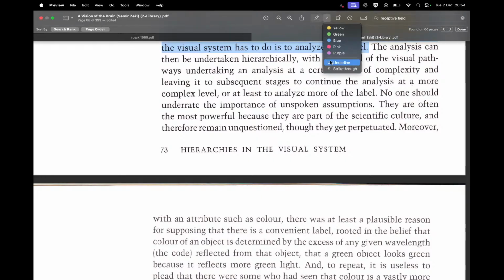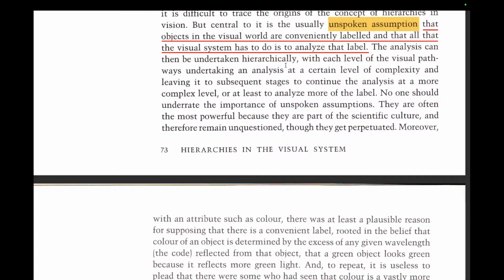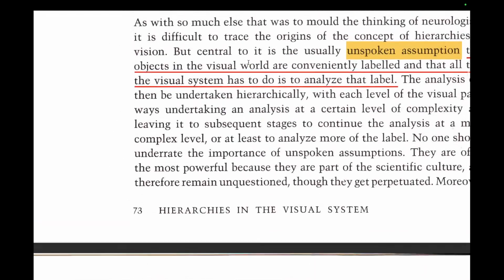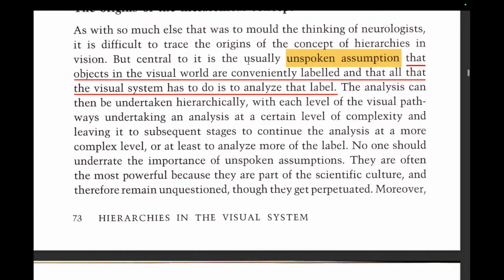I would say there is an a priori assumption that most of what we tend to know and have learnt as we have matured and grown up is that things are labeled. For example, how do you know a horse is a horse? How do you know a table is a table?